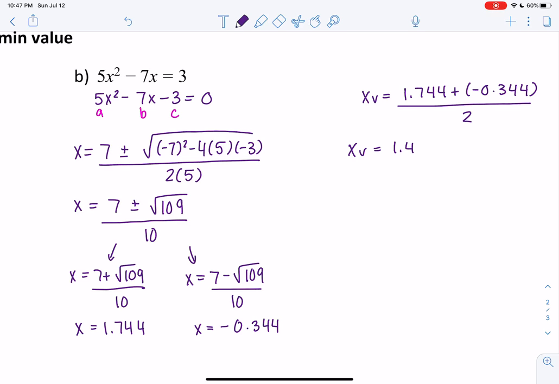And now we need to sub that in to find the y value of our vertex. So the y of my vertex is just f at 1.4, like this. And now let's fill that into our equation. So we will have 5 times 1.4 squared minus 7 times 1.4 minus 3.